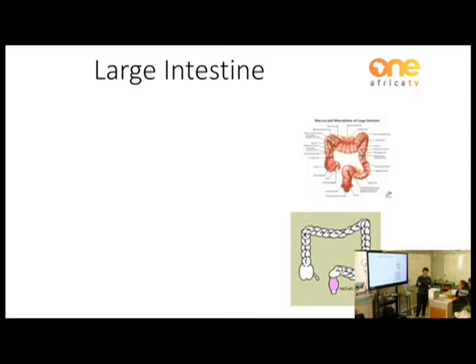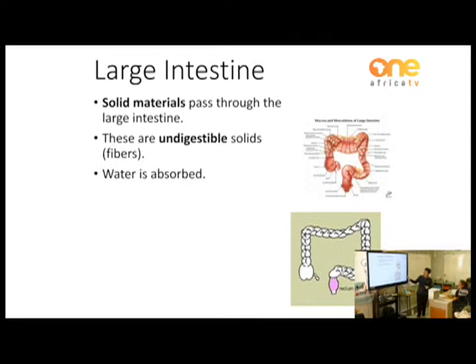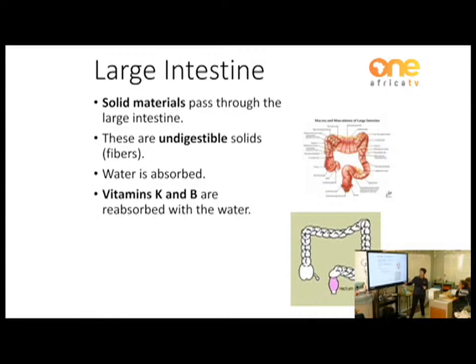Now, okay, undigested solids or fibers and the water is absorbed. Also vitamin K and B are reabsorbed with the water. It is also taken up. And then the solid waste will be stored in the rectum, and then it will be defecated or egested through the anus.